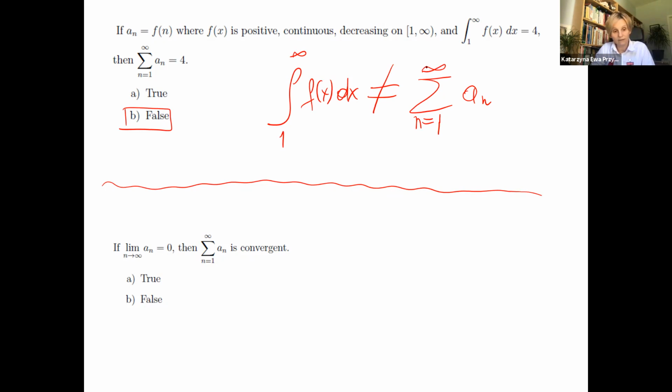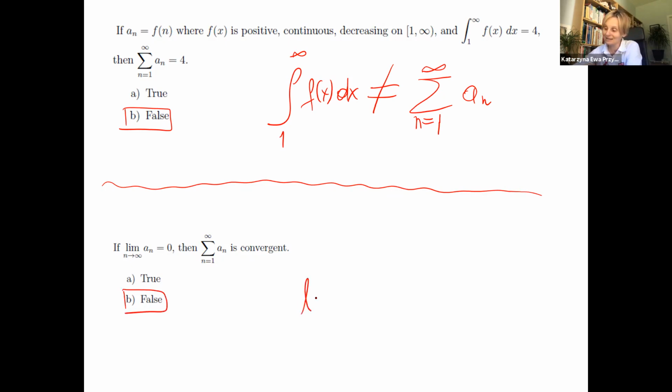Now another question. If the limit of the sequence at infinity is 0, then the corresponding infinite series is convergent. Cameron, that's a really good comment, of course, because most of our formulas, the sequence goes to 0.